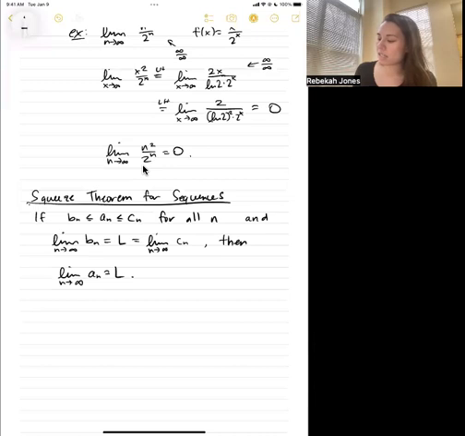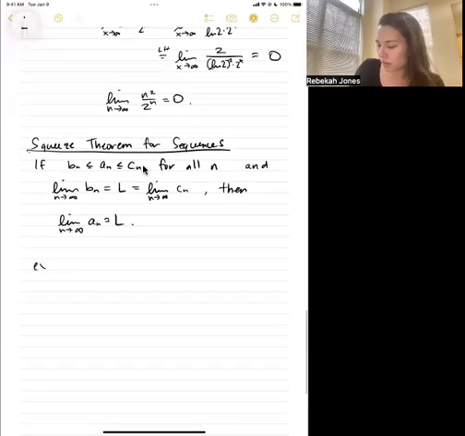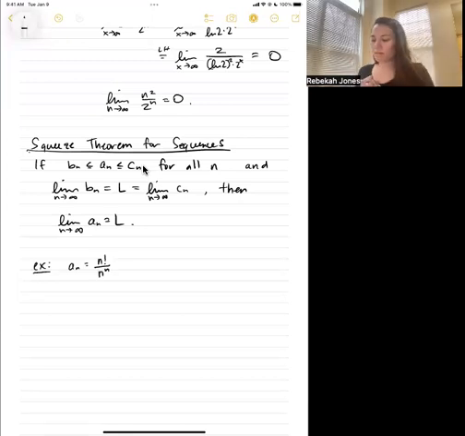Okay. So let's see an example of how this works. Here we've got n factorial over n to the n. For this sequence, there's no way to write down a function that will match up with this sequence at each integer, each natural number, because n factorial, the way that we define it, doesn't make sense for non-integer values.